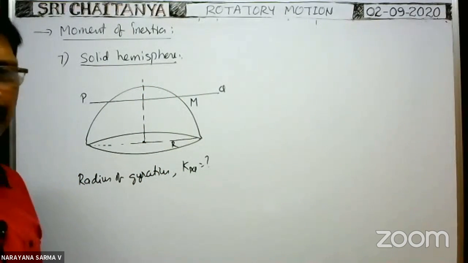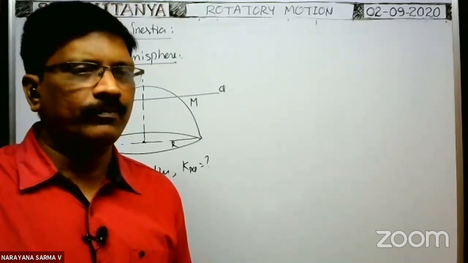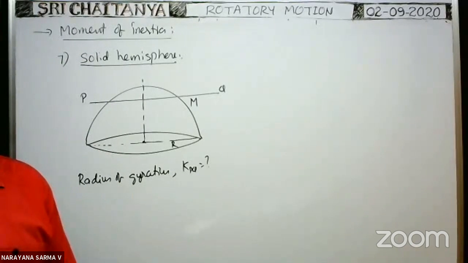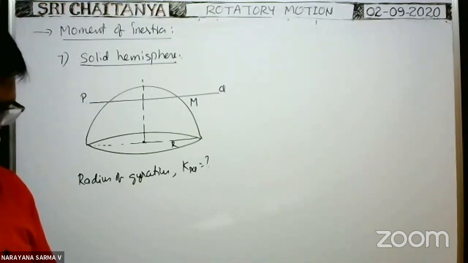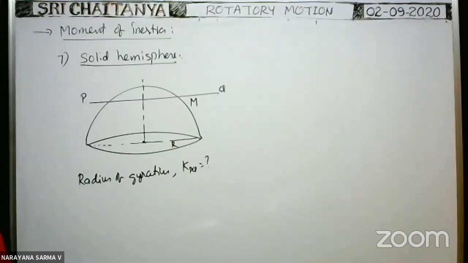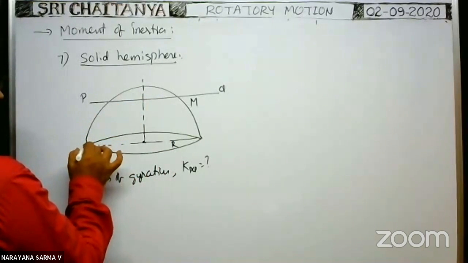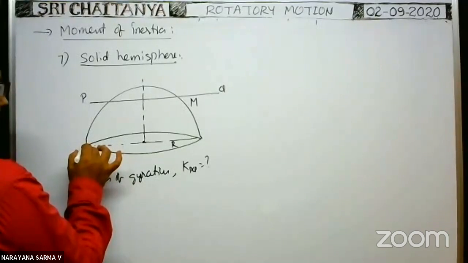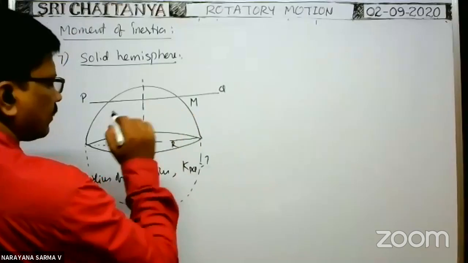How can we find the moment of inertia about PQ? Suppose you imagine another solid hemisphere like this.